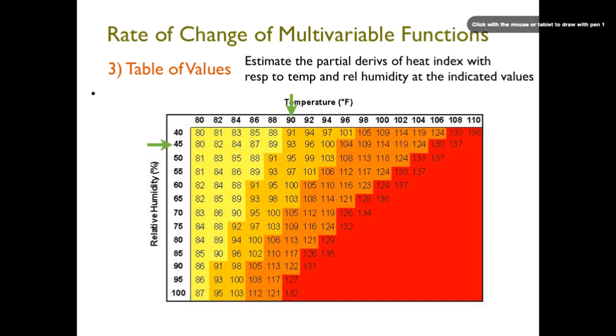So the partial of, let's say I for index, partial of I with respect to temperature at 90, 45.